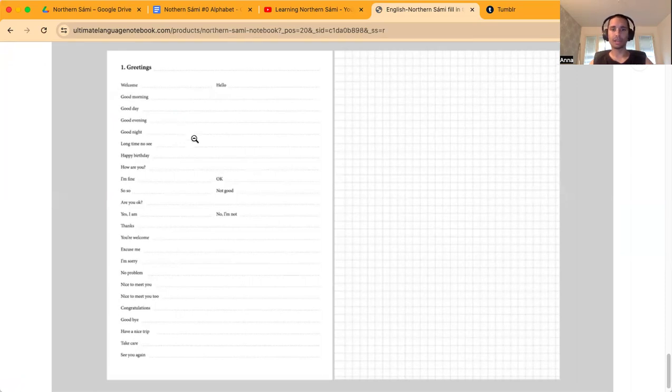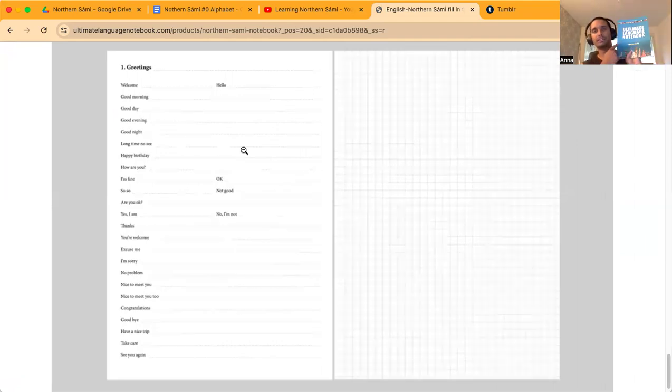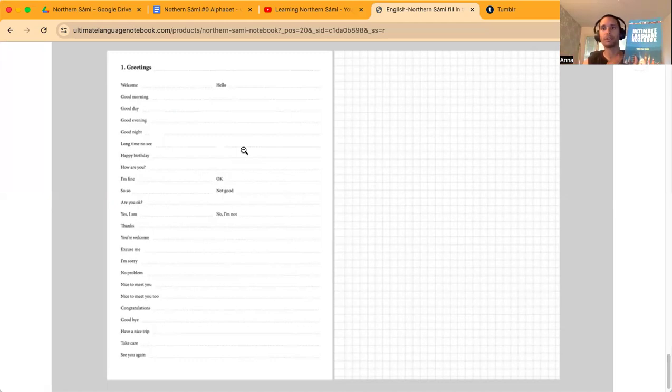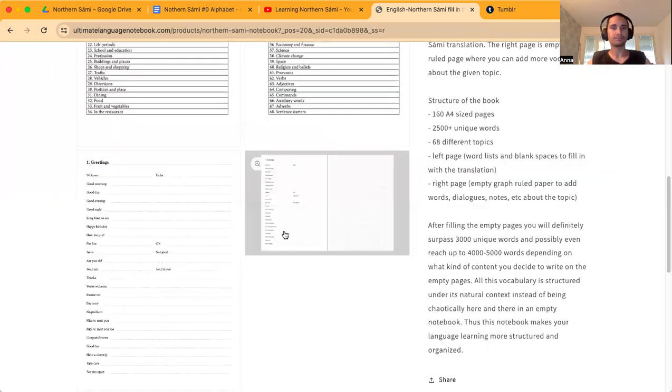And I'm going to share my own notes, and I actually use this one. This is the first notebook that I published in 2019, and inside it's the same, but now I've got custom covers for different languages, including at least 6 or 7 of the Sámi languages.